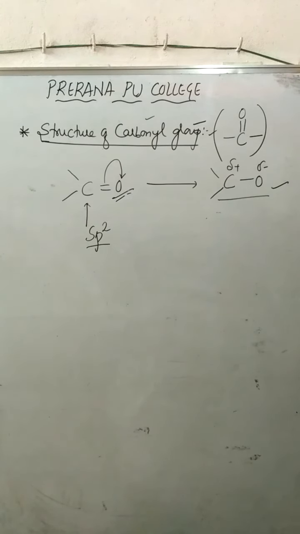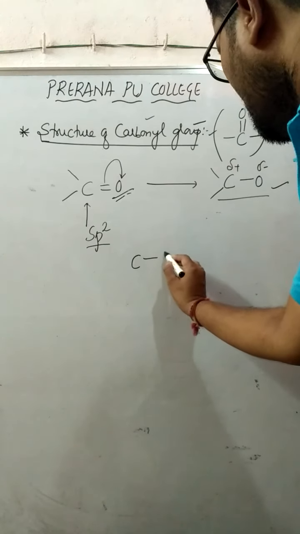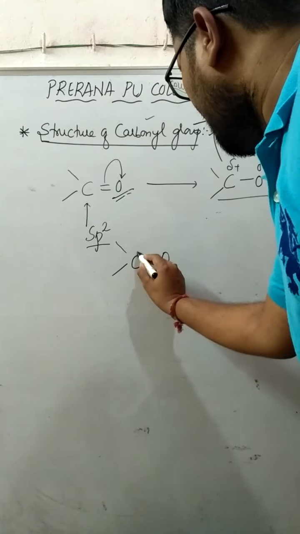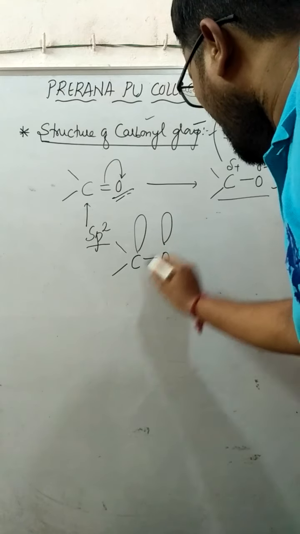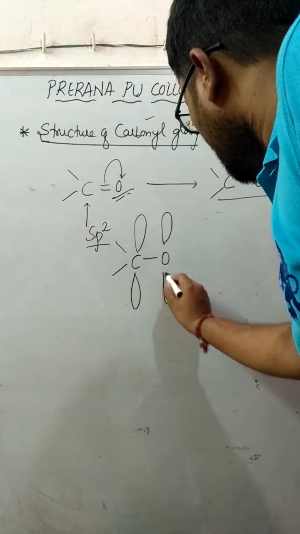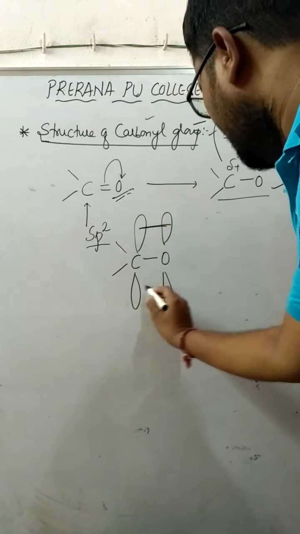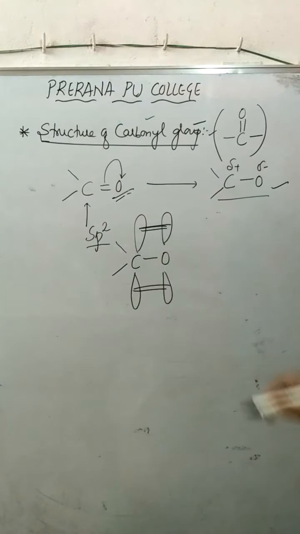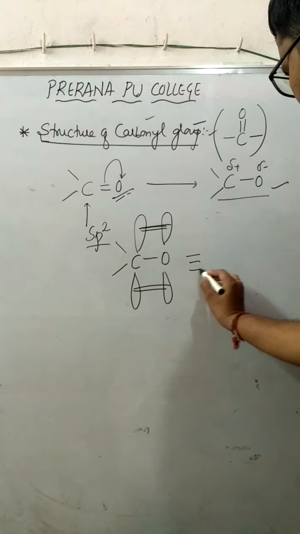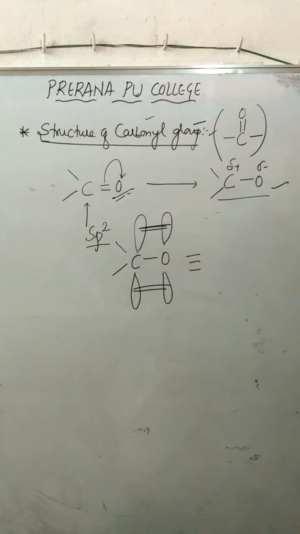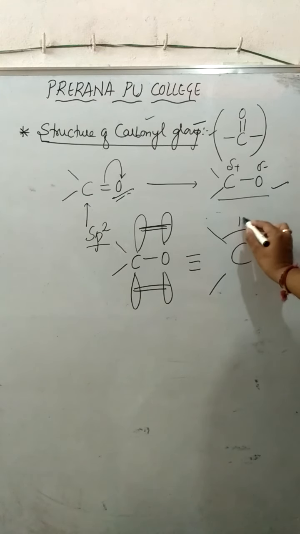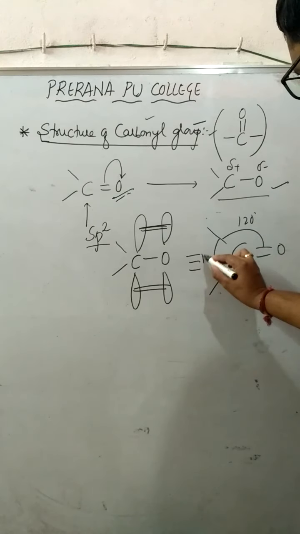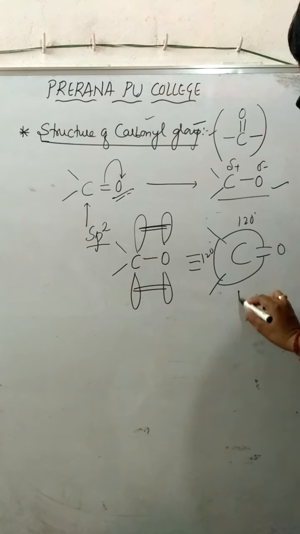Here, if I write the representation of this carbonyl group by showing the bonding between carbon as well as oxygen, this shows that the p orbitals present in carbon and oxygen have formed a pi bond. This can be equivalently represented by the structure C double bond O, which has a bond angle of 120 degrees.